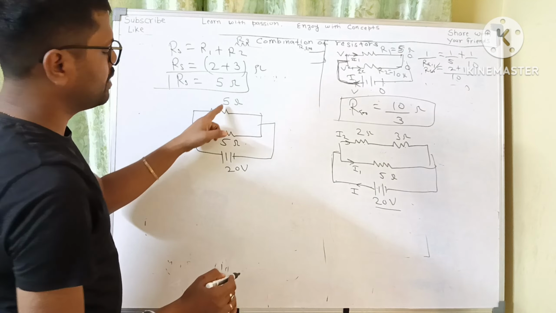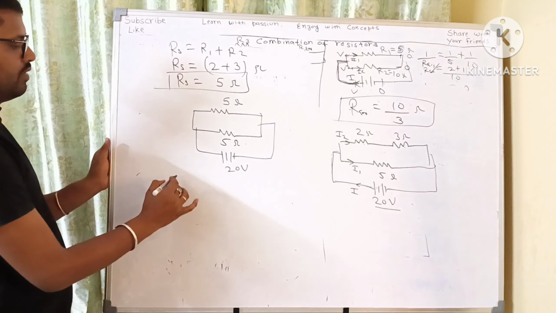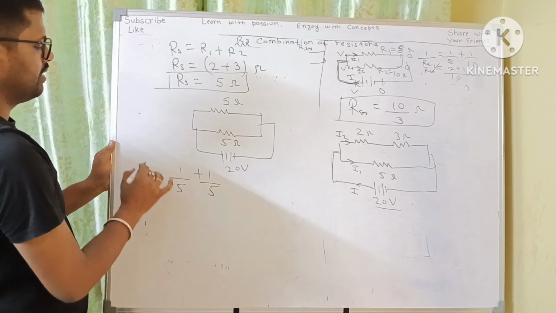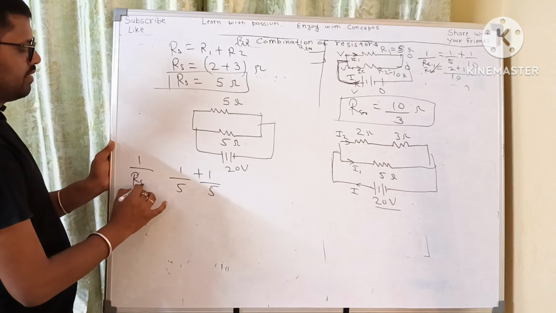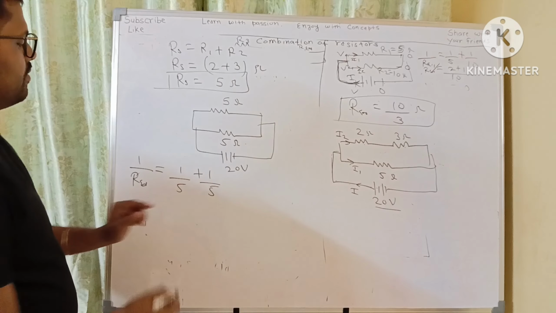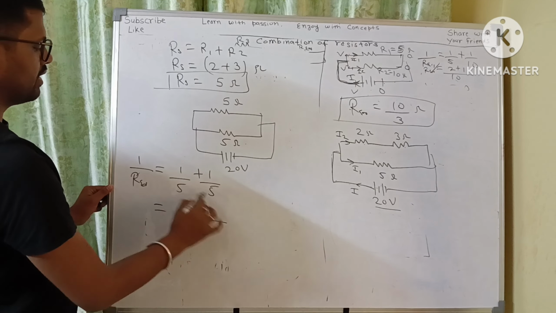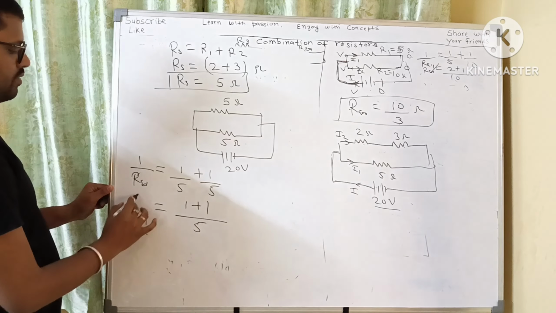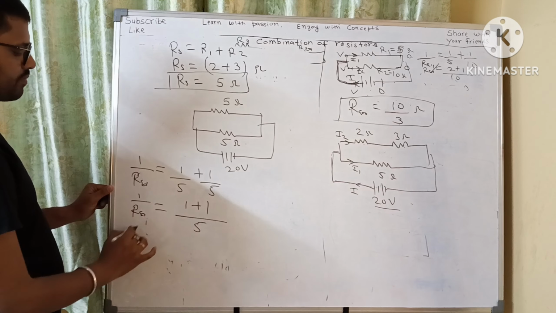Now these two are in parallel. So 1 by 5 plus 1 by 5 is the equivalent: 1 upon R1 plus 1 upon R2. So 1 upon R equivalent equals, here LCM is 5, so 1 plus 1 by 5.